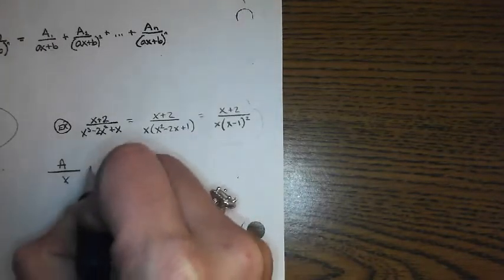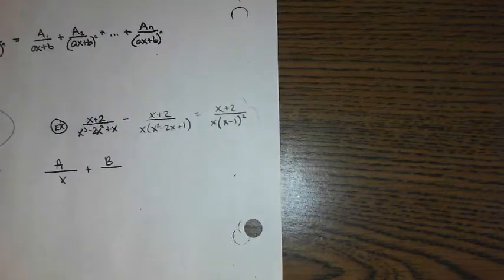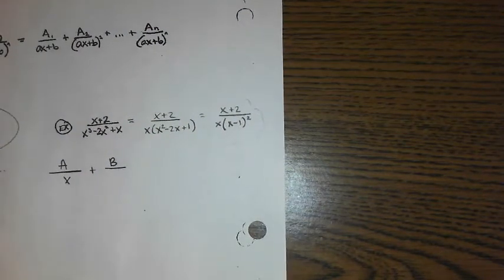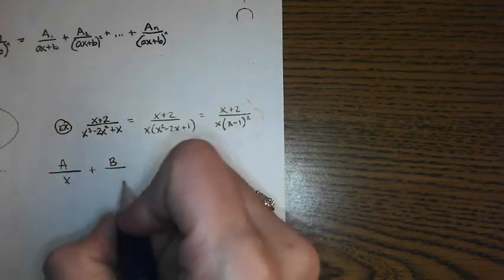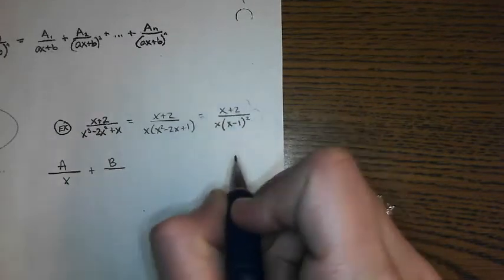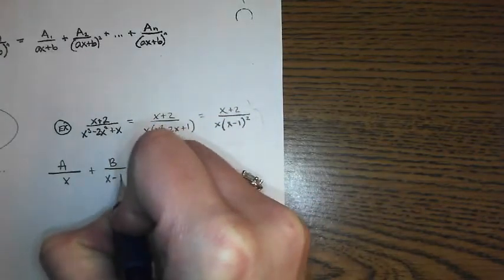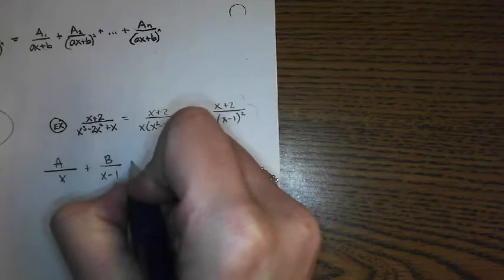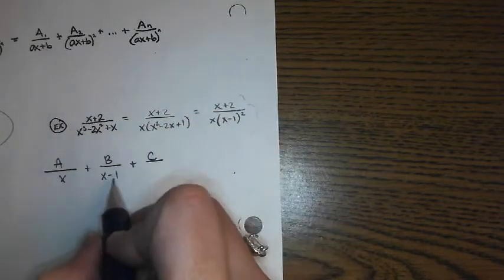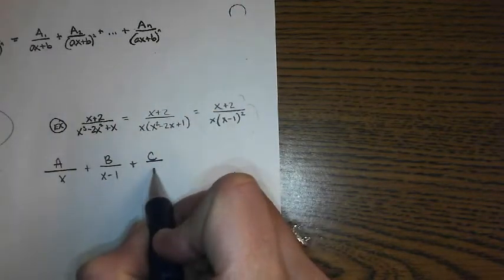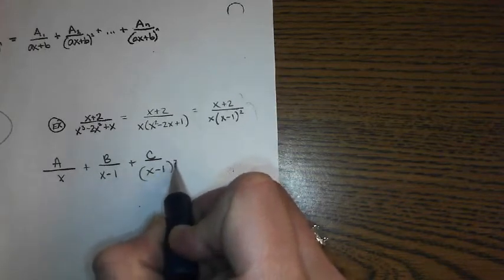A over x plus b over, what's my next factor? Right, but we have to crawl our way up to the squared. So we're just going to do over x minus 1. And then our next one is going to work its way up from a first degree to a second degree, x minus 1. Like that.